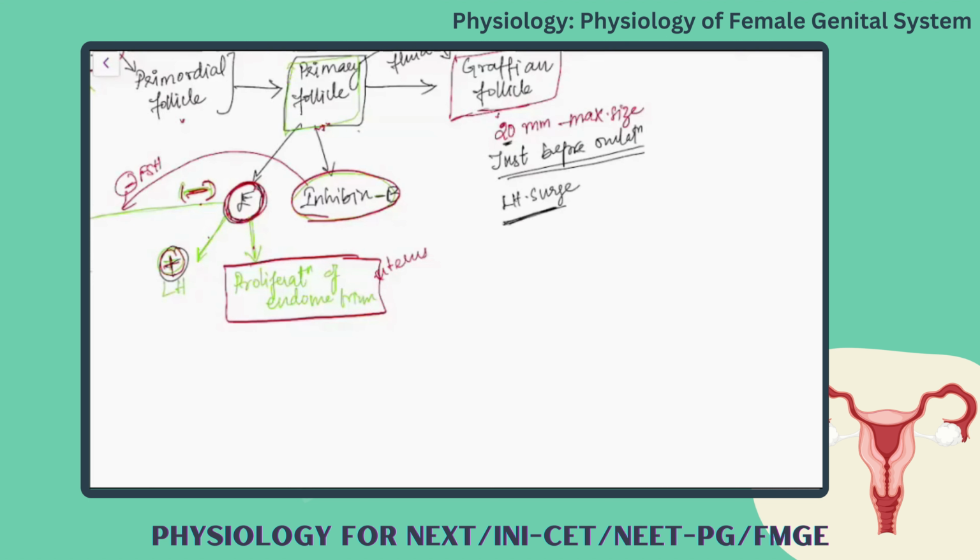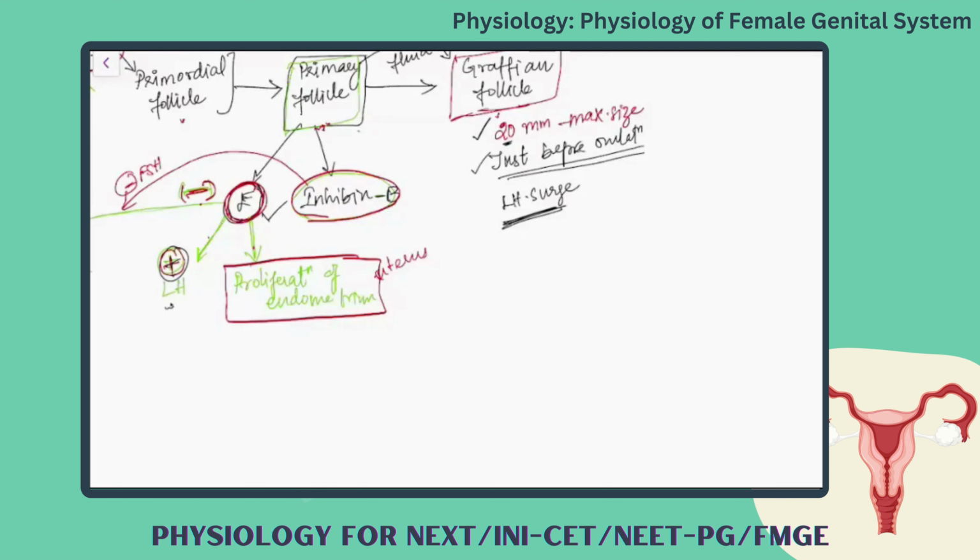This surge of LH is also influenced by estrogen. The estrogen gives a positive stimulus to the LH, and this LH surge is also indirectly helping the Graafian follicle to increase in size, just before ovulation.